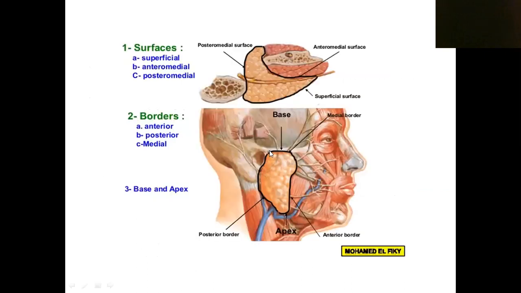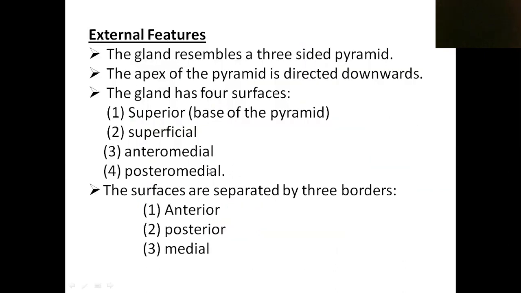See, this is the base or superior surface. Then this is the apex. So base, apex. Now you can see the superficial surface, but before that we have to identify the borders also.